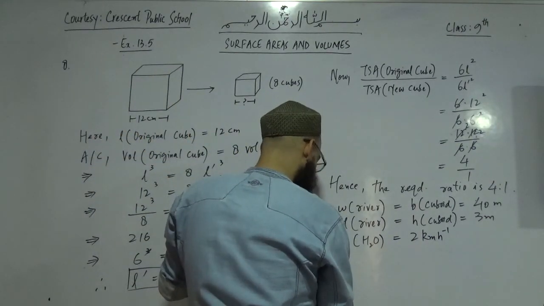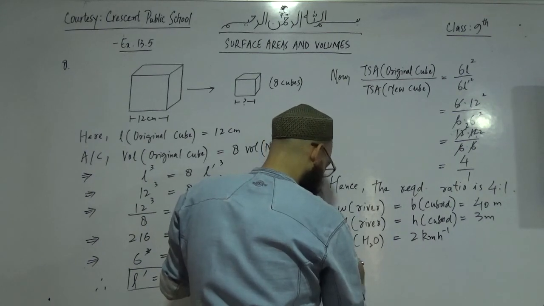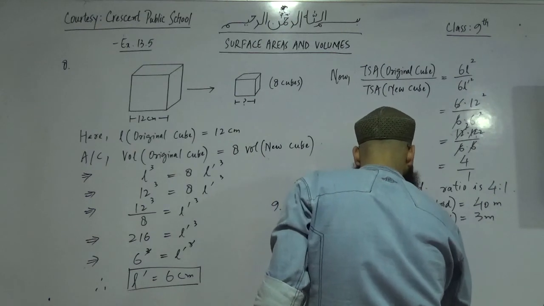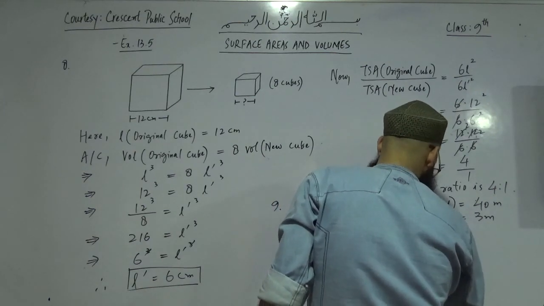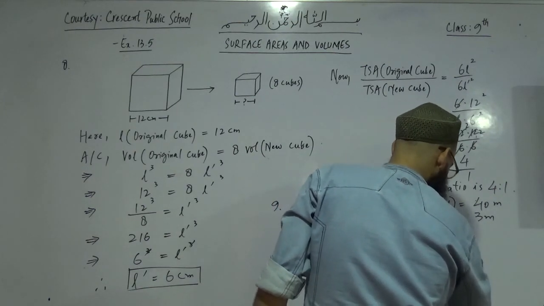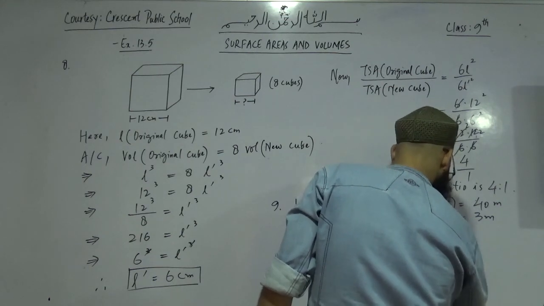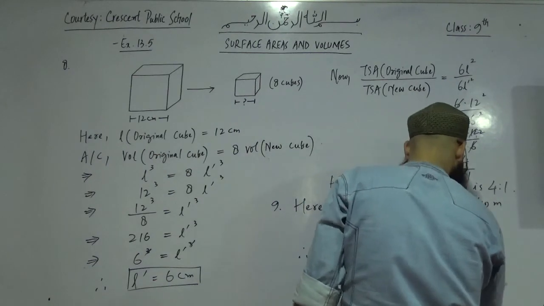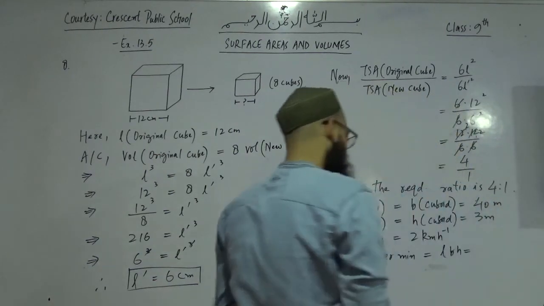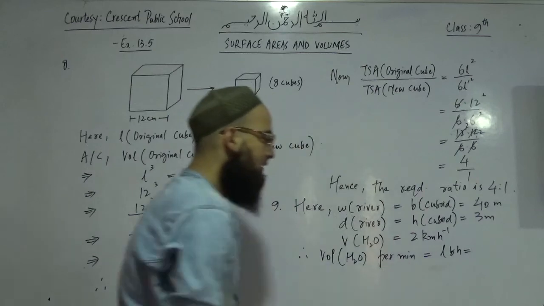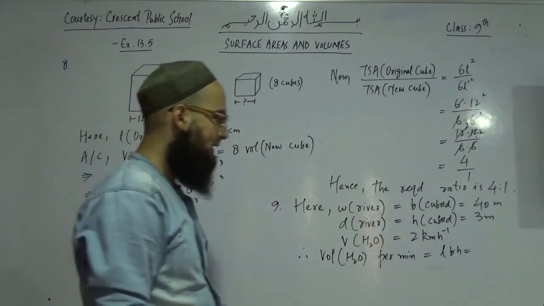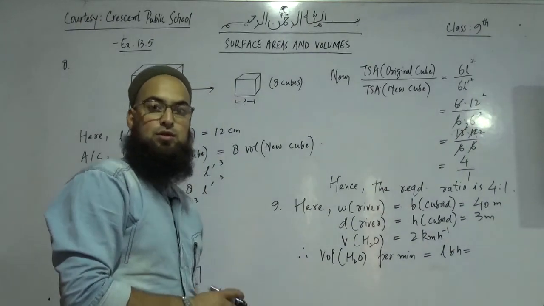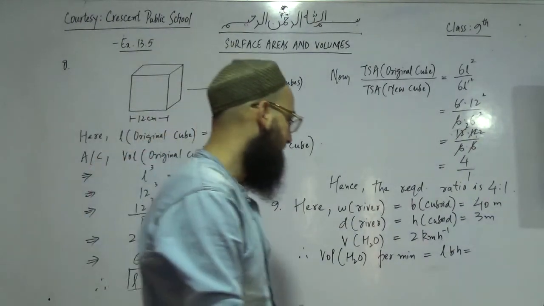Therefore, volume of water per minute is equal to L times B times H. What is L? Length we don't know, but we know that length is a distance, and distance is equal to speed multiplied by time.